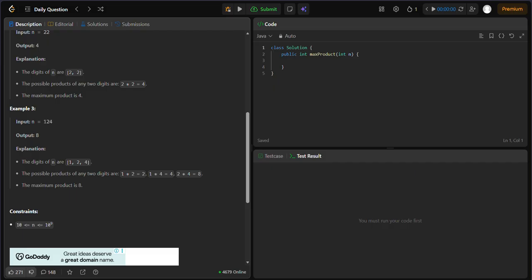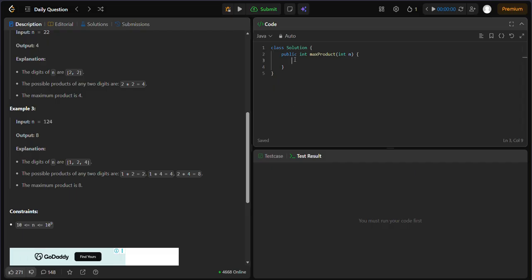So you'll be assigning both the variables to 0 and then you will have a while loop running until n becomes 0 and you'll find out a digit. Then we'll find the highest digit from the given number and the second highest digit, and then we'll multiply these two numbers. We'll get our answer. Okay, let's start coding.